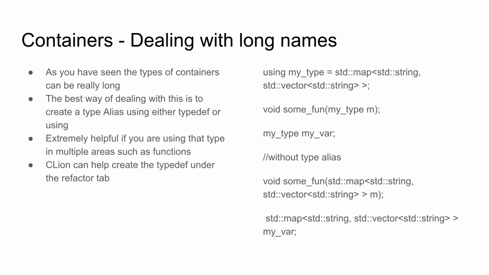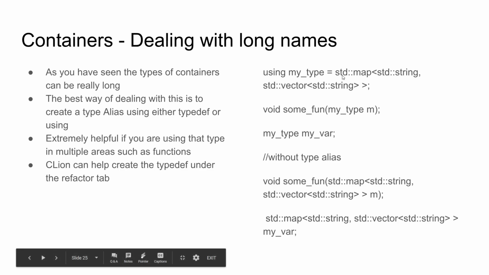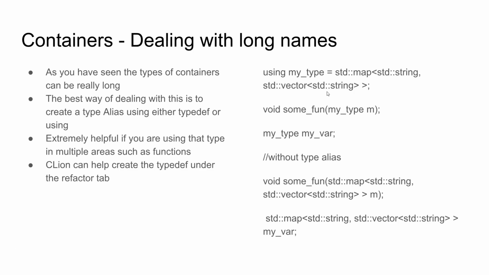Again, these type names can be really long sometimes. You might have something like a map of strings to a vector of strings, and you don't want to keep saying that every time you're passing it to a function. So you could use a type alias for that. You can say using MyType equals this really big long thing. So I can say void someFunction taking a MyType m.